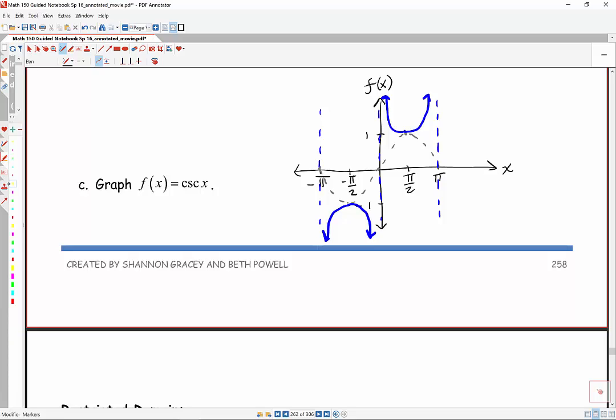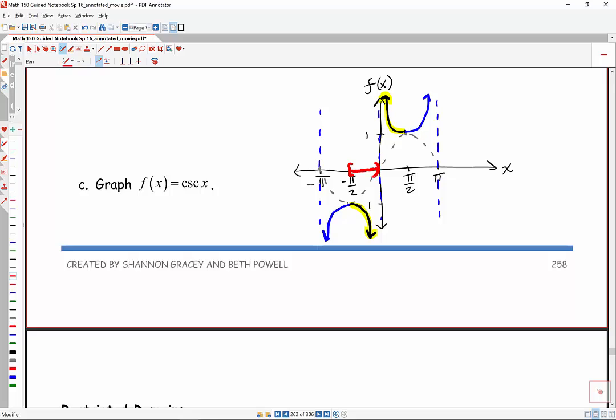Do you see that this covers all of our negative output values, and over here this takes care of all of our positive output values. So if we restrict the domain from negative pi over 2, this would be inclusive, but we have a vertical asymptote here.